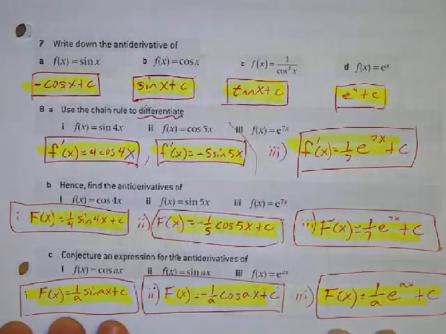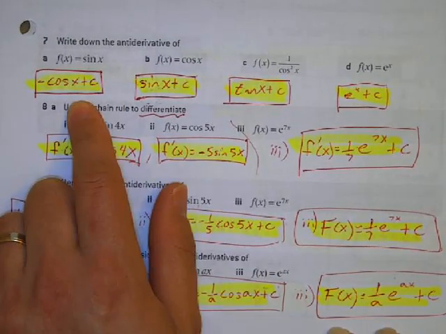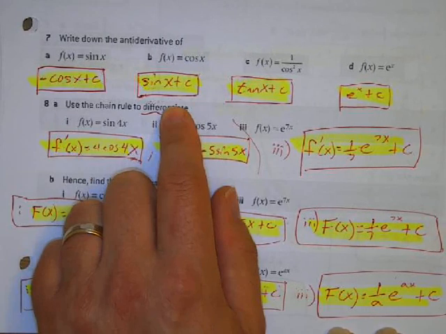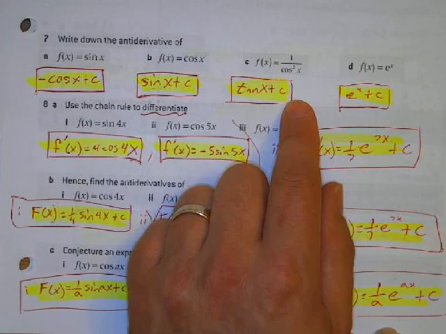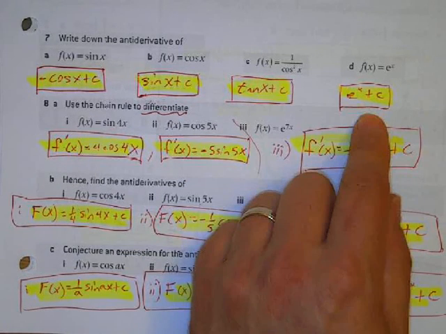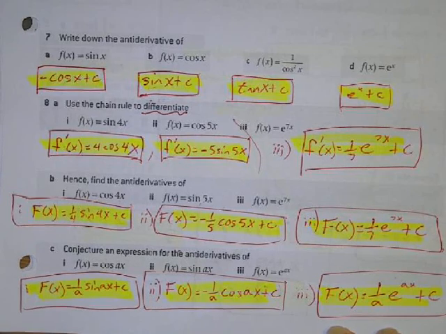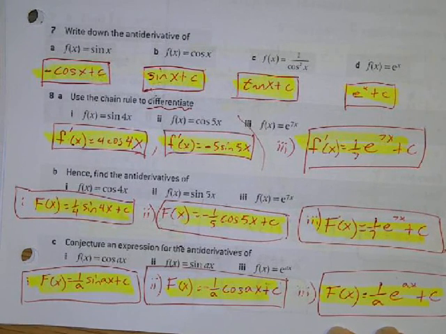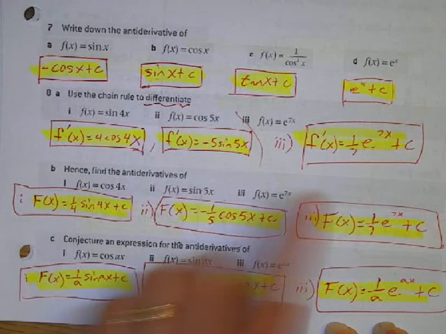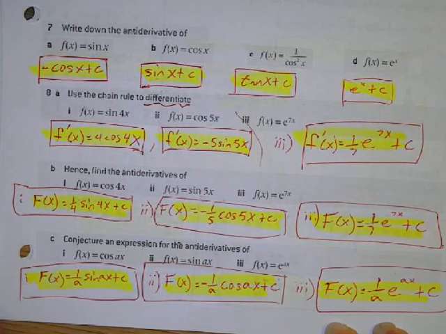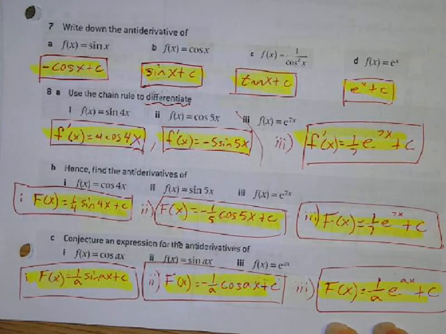So here are the antiderivatives of sine, cosine, 1 over cosine squared x, and the antiderivative of e to the x is e to the x. Okay, there's some chain rule stuff. Okay.